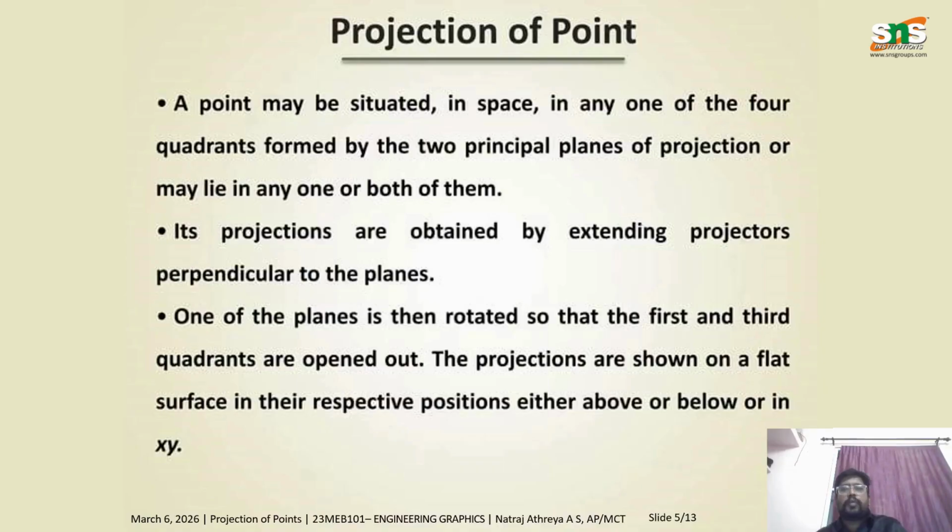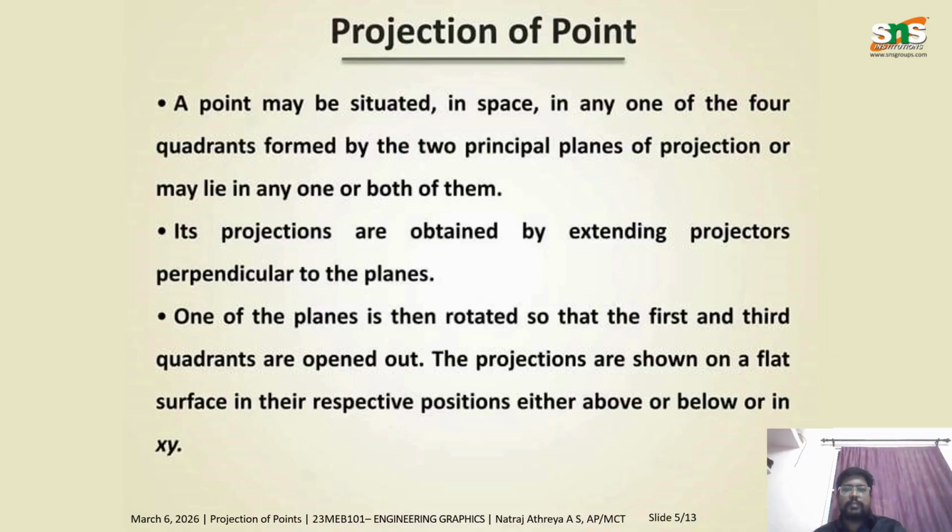So for projection of points, a point may be situated in space. We know that it can be in any of the four quadrants of the two principal planes. It can lie on these planes or it can be within these planes. So the projection is obtained by extending the points to the corresponding perpendicular planes.